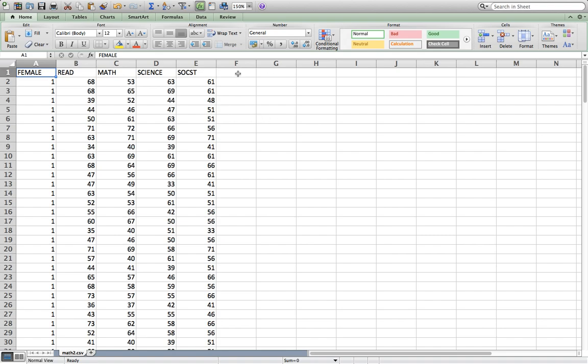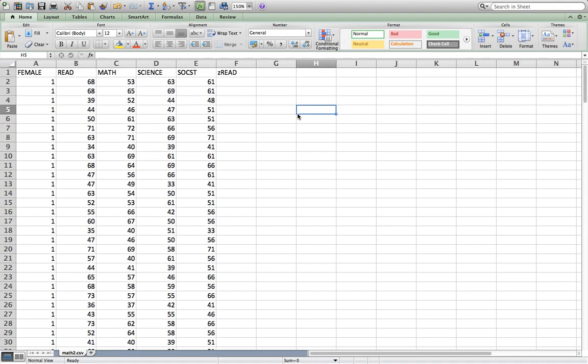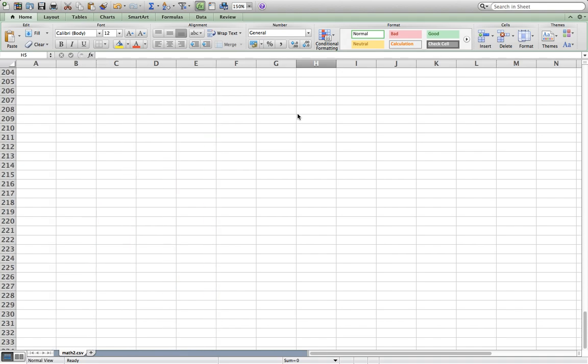Now, what I'd like to do is make this transformation from zread. I'm going to create this new variable called zread, which is the correlation transformation. Now, what I need for each of these is the mean and the standard deviation. So I'm going to go over here and create that.